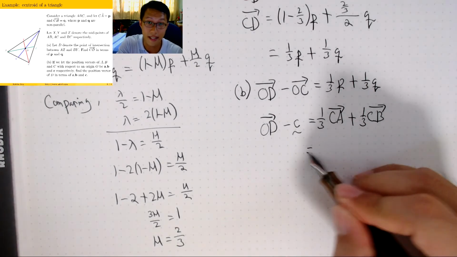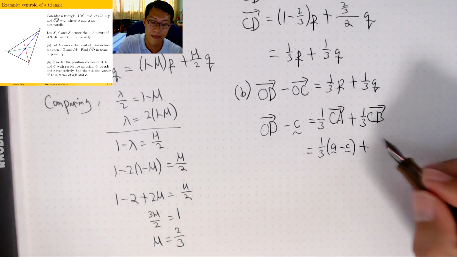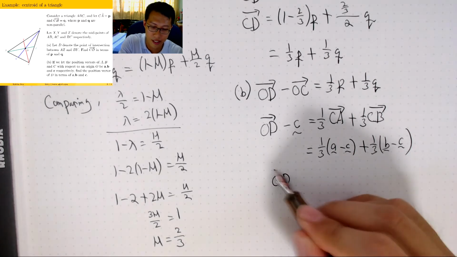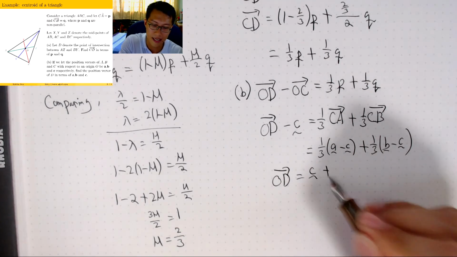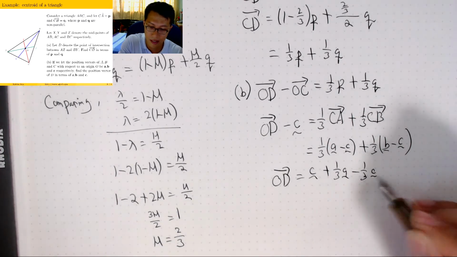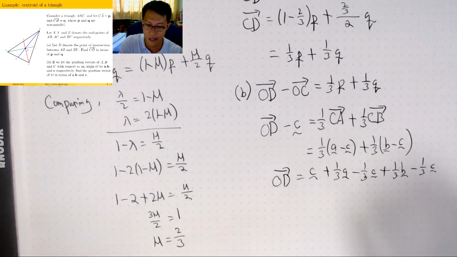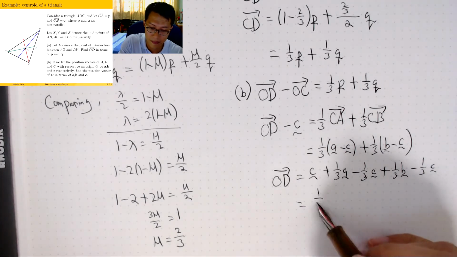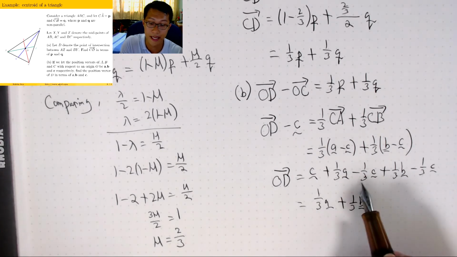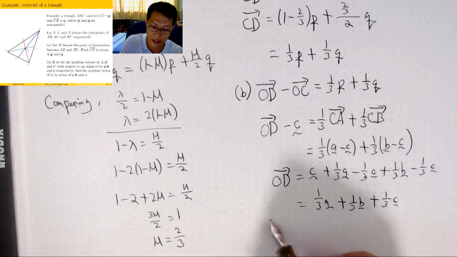So let's plug it in again. 1/3, CA is A minus C, and CB is B minus C. Okay, so simplifying, OD equals C plus, expand, we get 1/3 A minus 1/3 C plus 1/3 B minus 1/3 C. So our final answer is 1/3 A plus 1/3 B. Here we have C minus 1/3 C minus 1/3 C, which gives us plus 1/3 C. And this is our final answer.